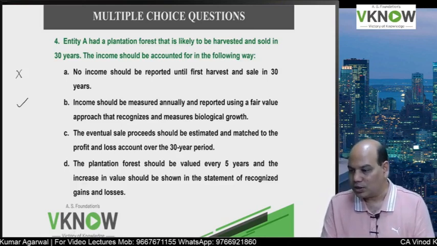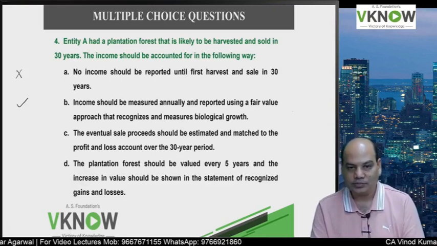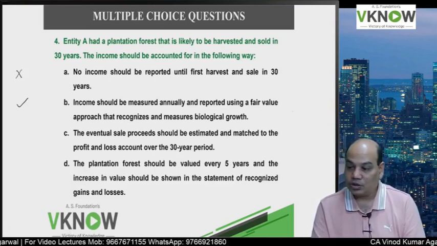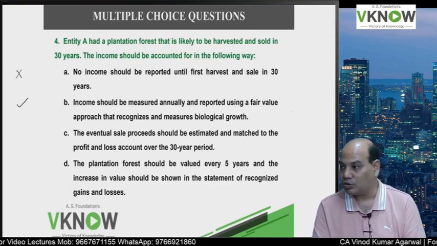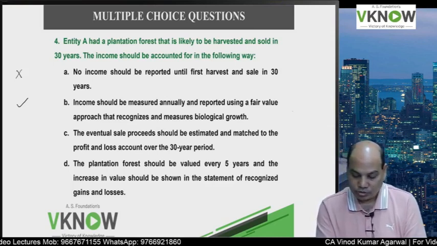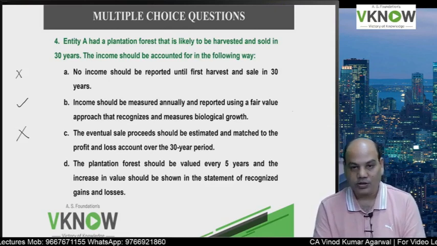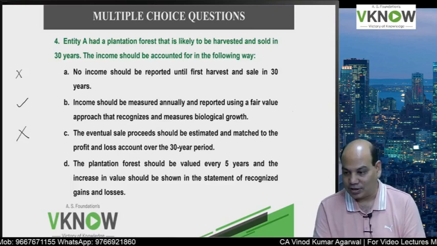Eventual sale proceeds should be estimated and matched to the profit and loss account over the 30-year period. Do we have any such provision in this standard? No. This is students' way of understanding Ind AS. Plantation forest should be valued every 5 years.